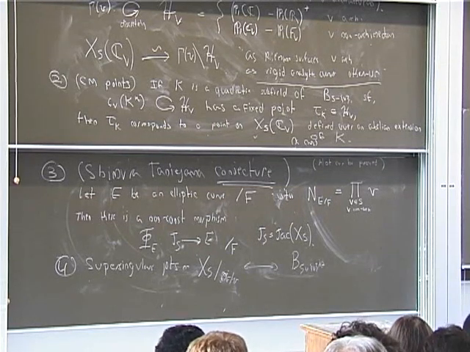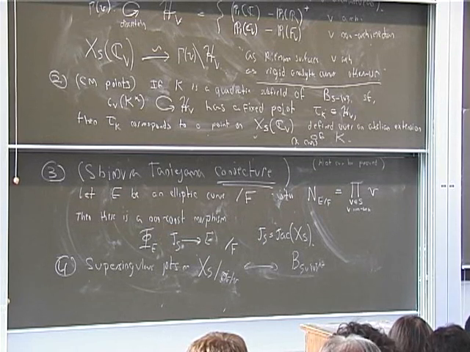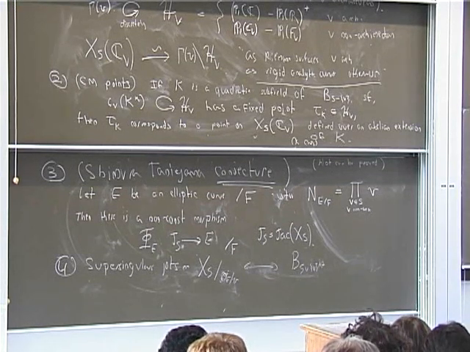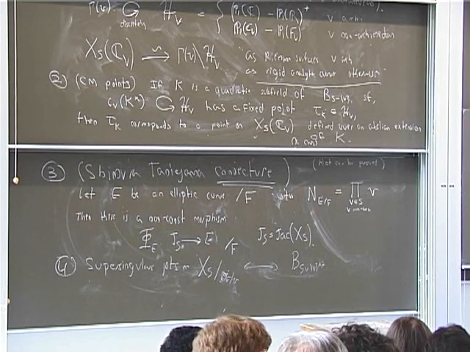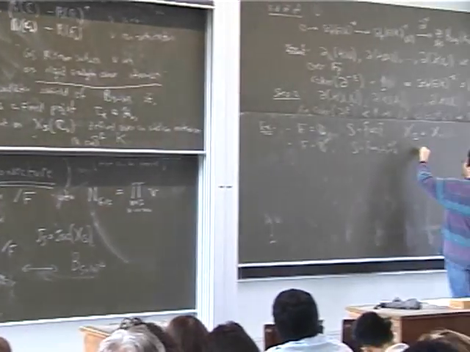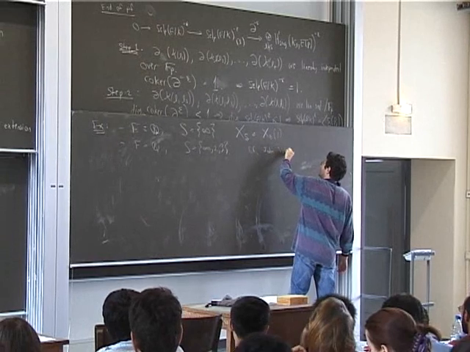But then you could also throw in some auxiliary level structure. In John's lecture yesterday, we saw an example where F was Q, and S was the set consisting of infinity, 2, and 3. So that was the Shimura curve that we saw yesterday in John Voight's lecture.